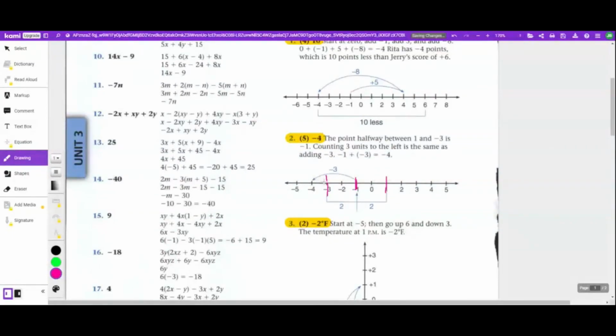You've got the boundary of +1 and the boundary of -3. There are 2 units on this side and 2 units on that side. So -1 is the number that's halfway between -3 and +1. Then it said go 3 units to the left. 3 units to the left from -1 would be 1, 2, 3. You would be at -4.